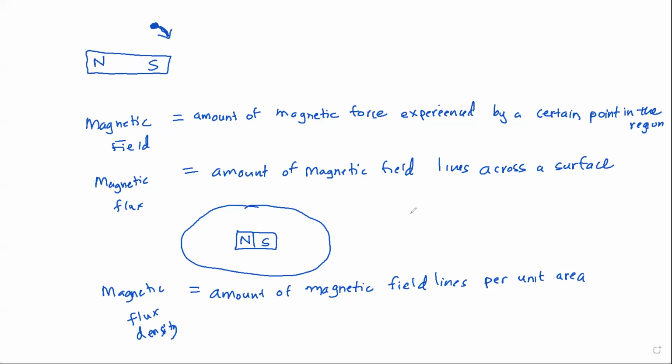So magnetic flux density gives us the strength of the magnetic field per unit area. So magnetic flux density is defined in an equation in this manner.